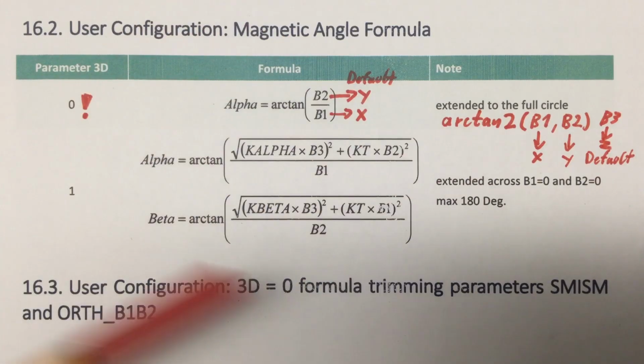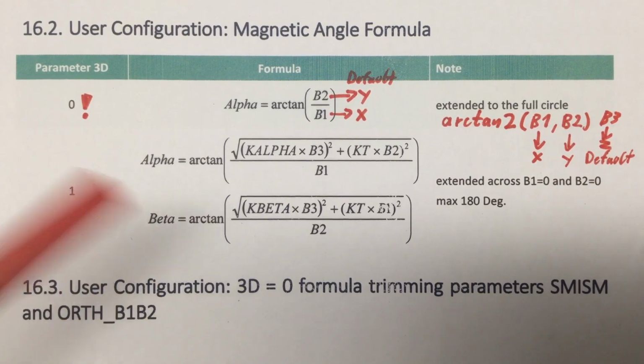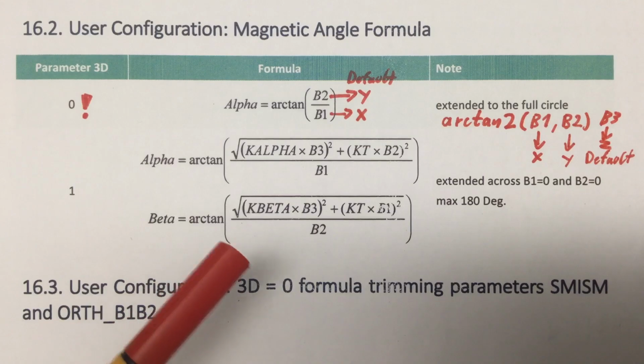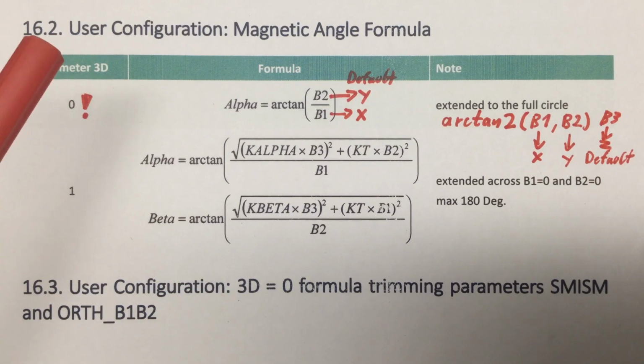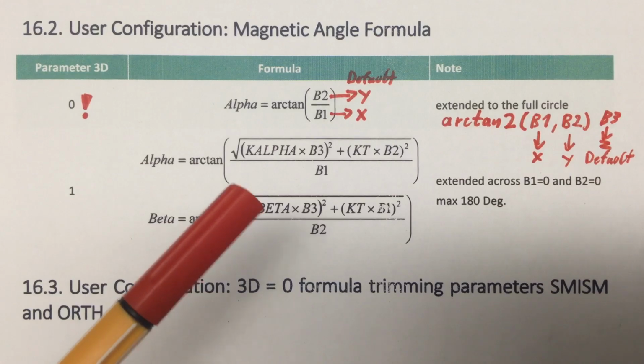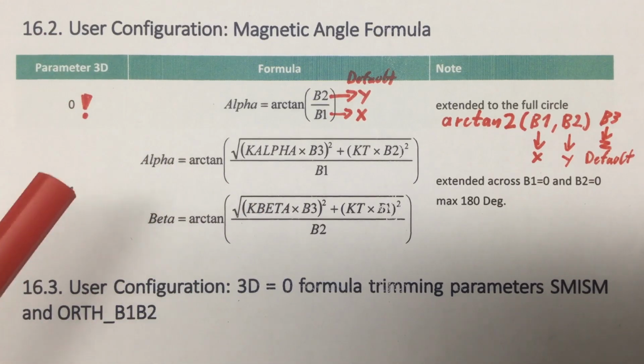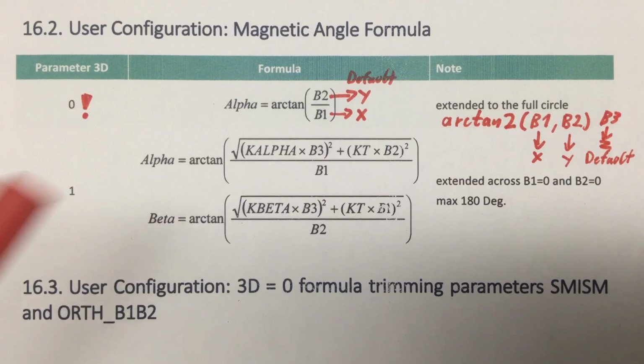These two formulas for the alpha and the beta angle of the magnetic field are given again in a more readable form in chapter 16.2 magnetic angle formula of the datasheet. Please note again, parameter 3D has to be set to 1. That is true.